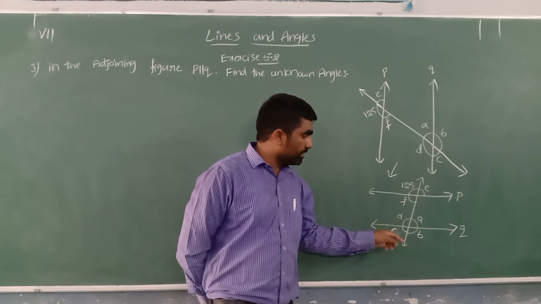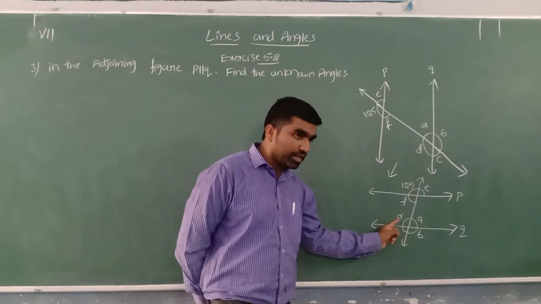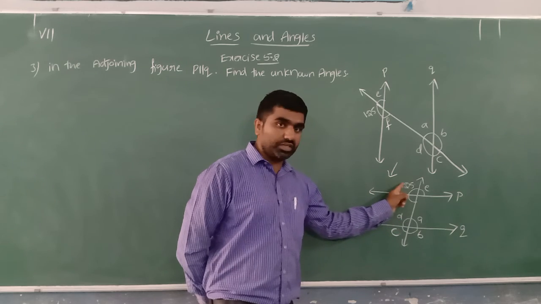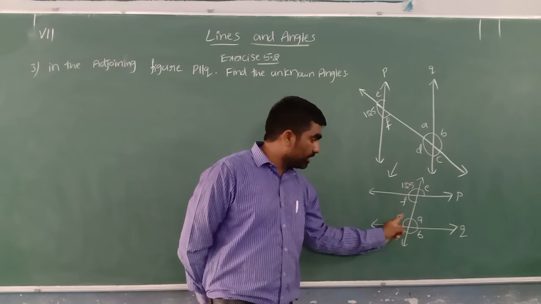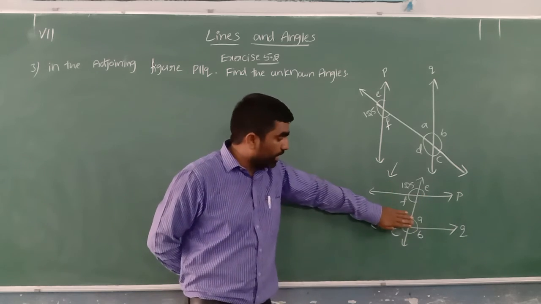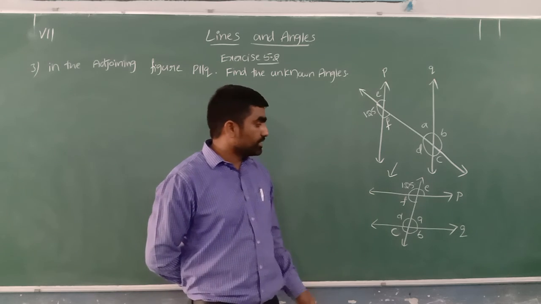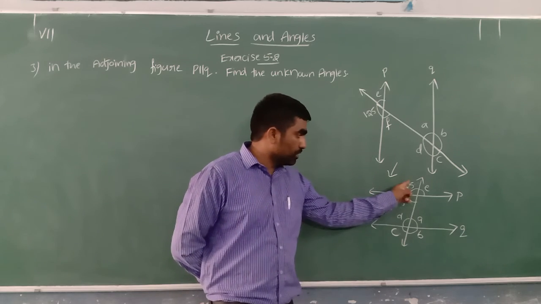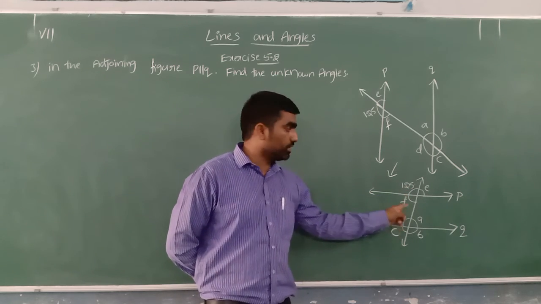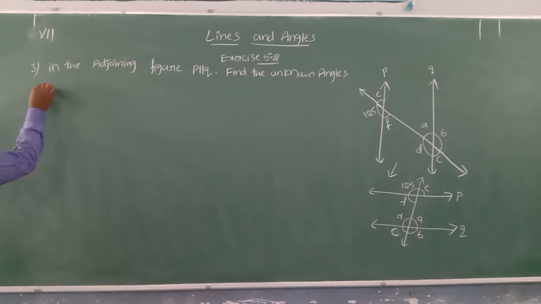Corresponding angles are always on the same side of the transversal, one interior and the other exterior, and they are not side by side. So both these angles are equal, because they are corresponding angles.